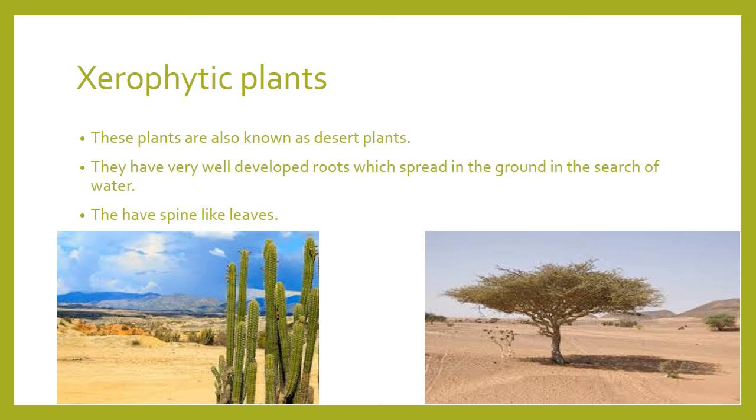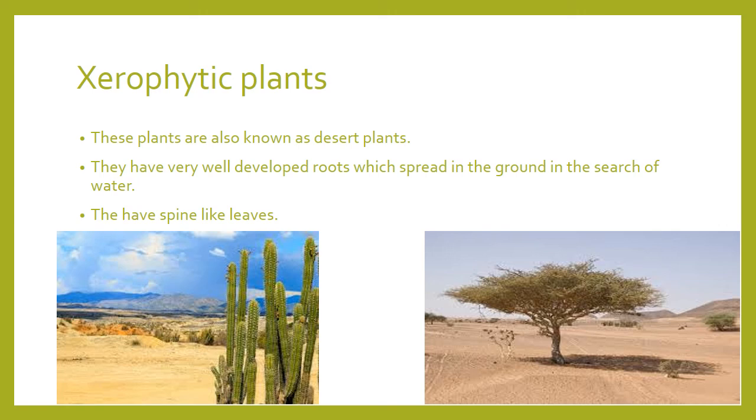If we take the example of cactus, in the first picture we can see that the leaves of the cactus plant are converted into spines. What is the reason for this conversion? We all know that in the leaves stomata are present, and stomata are responsible for breathing in and breathing out, as well as water loss.